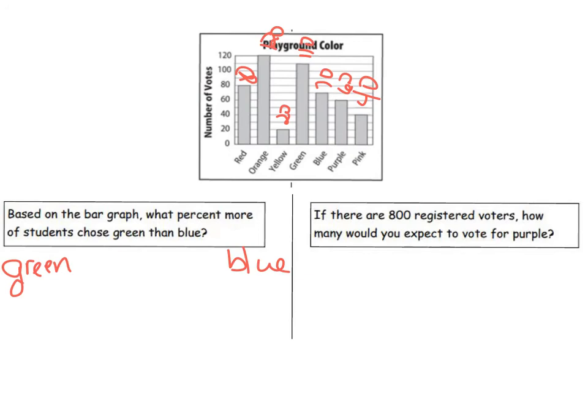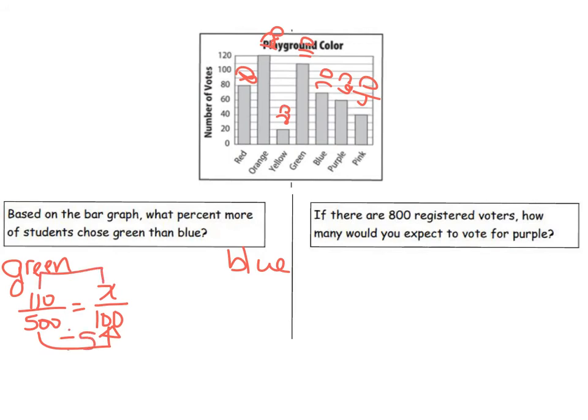Okay, so let's go ahead and look at green. So green was 110 over 500. And that's going to equal x over 100. Now, basically, if we go from here to here, we're dividing by what? Dividing by 5.